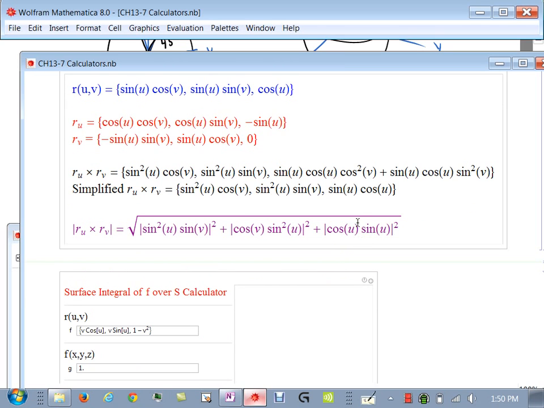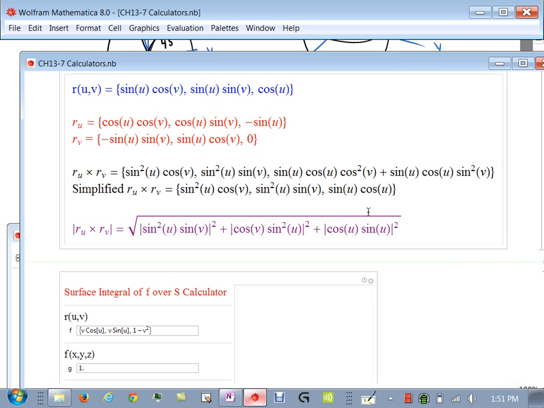I think it came out to be sine u or something, didn't it? Look back in your notes from last class. I think we did this. It was Example 2. We computed it. Yes, find the surface area.